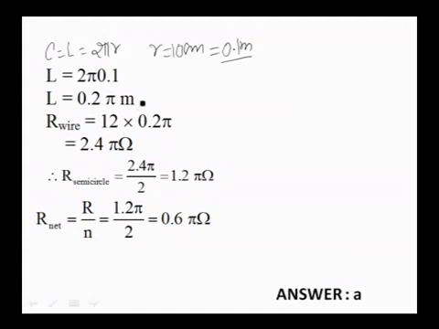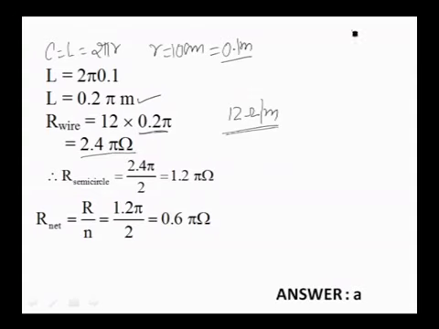That is the length of the wire. To calculate the total resistance of the wire, they gave 12 ohm per meter, that is resistance per unit length, multiplied by the length, 12 into 0.2 pi, which gives 2.4 pi ohm.